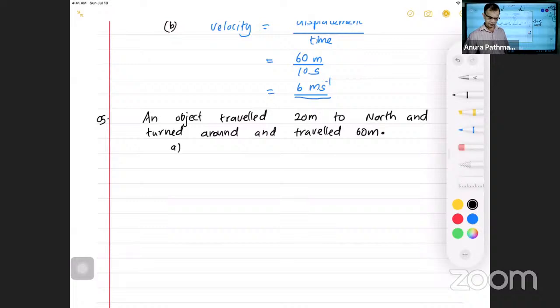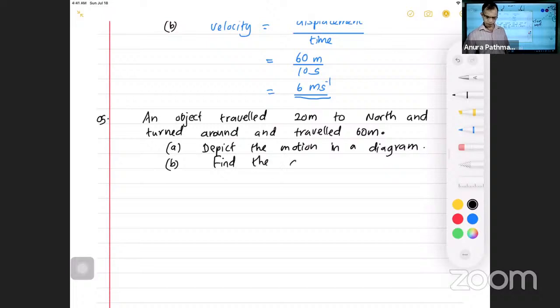Part A, depict the motion in a diagram. B, find the distance traveled.